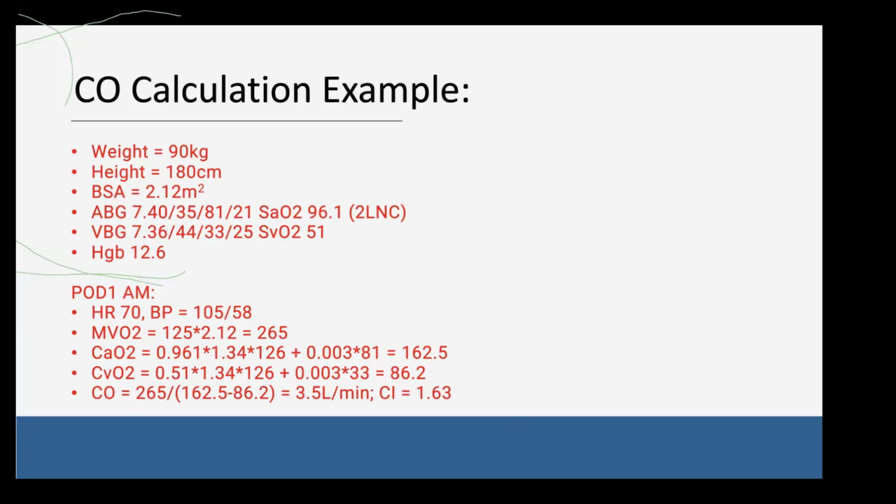Despite extubation, despite weaning inotropes, the patient's calculations and hemodynamics remain unchanged. And therefore, you can sometimes feel reassured that doing these things did not hurt the patient. So that's another way that some people may use these numbers.